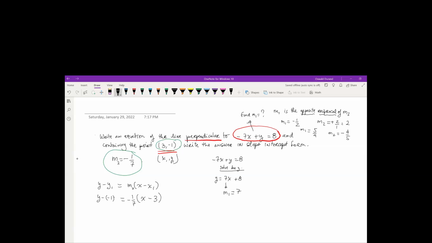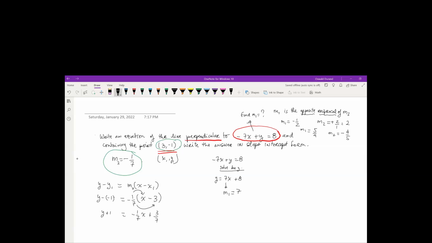Then we simplify and get y plus 1 equal to -1/7 x, because I'm using the distributive property, and then -1/7 times -3 is positive 3/7.